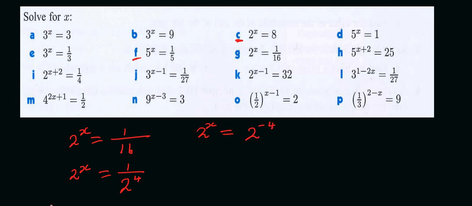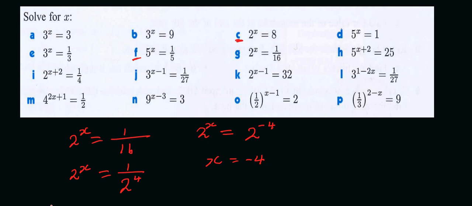So we have changed the positive exponent of the denominator to negative and made the base a whole number. So now we have the same base, 2 on the right side and 2 on the left side. So therefore x is equal to negative 4. I hope this is clear.